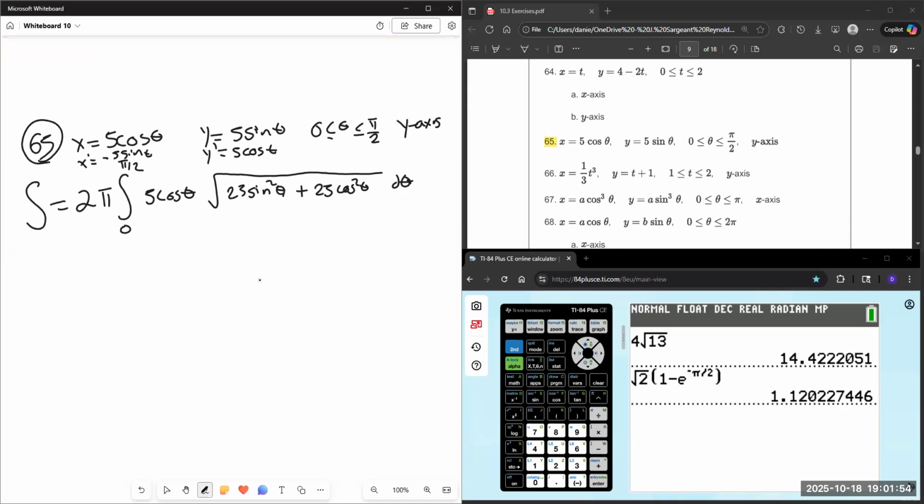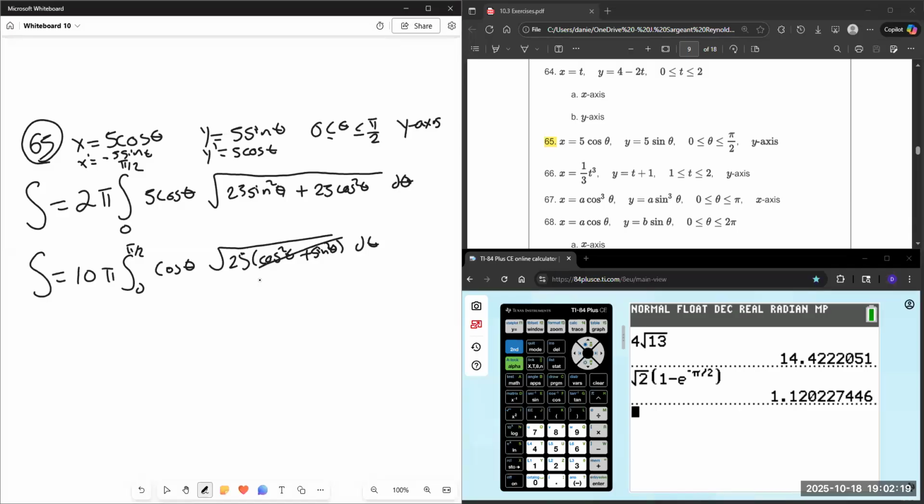So 2 and 5 make 10 pi, integral of 0 to pi over 2 cosine theta. This is square root of 25 cosine squared theta plus sine squared theta d theta. All that's a 1.